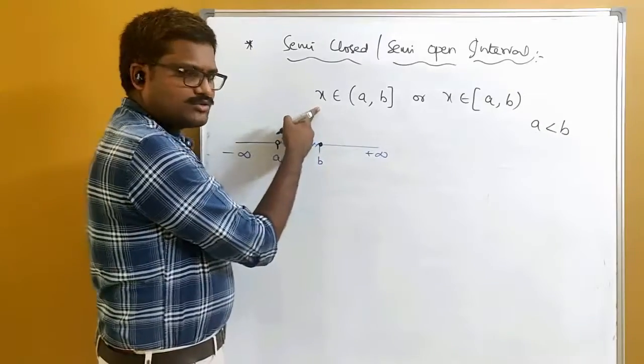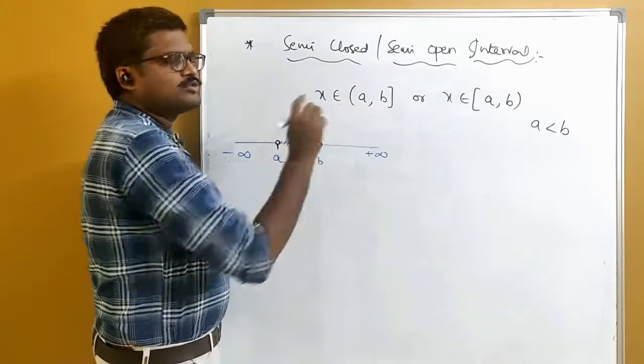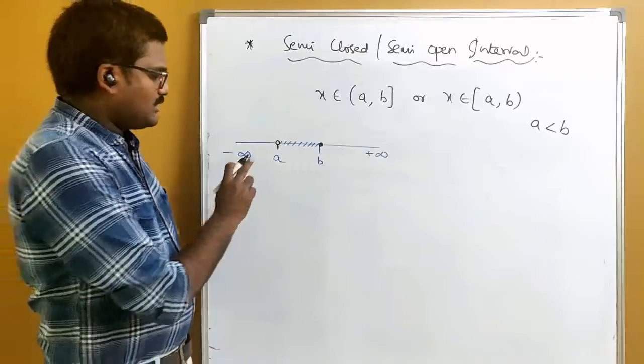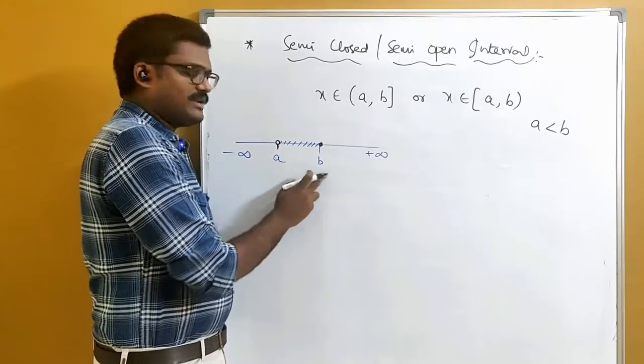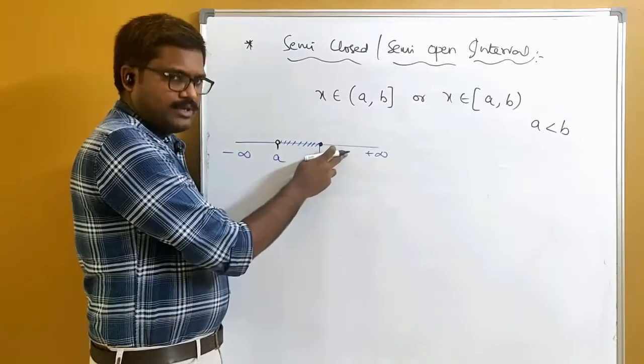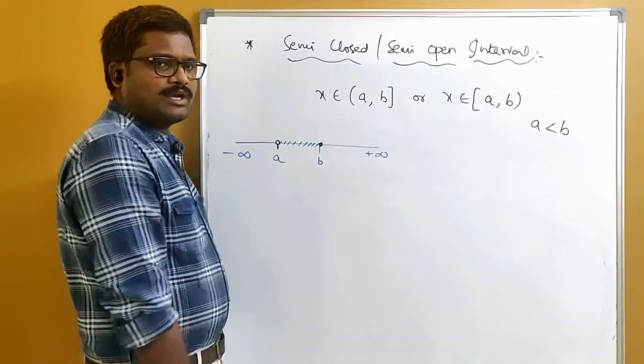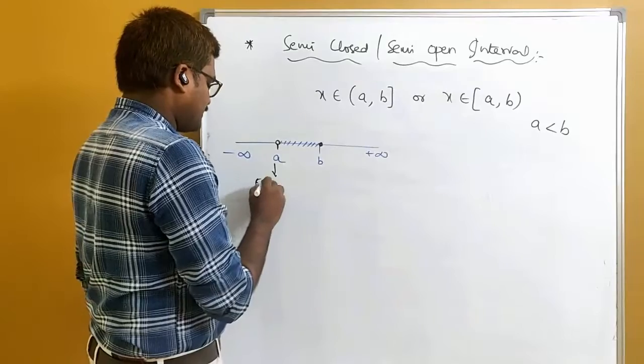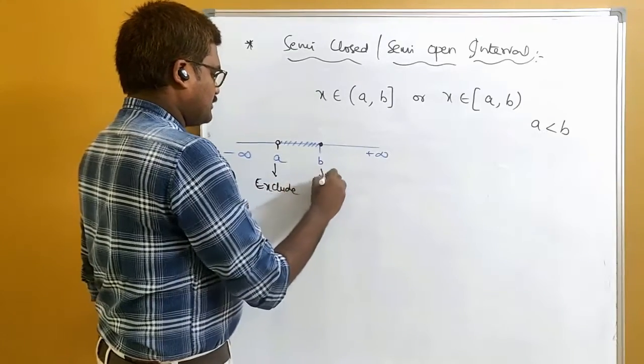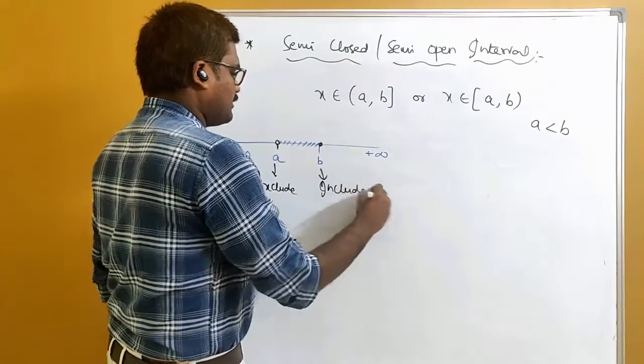So I hope you understood this one. X belongs to open A, closed B. So what is the meaning of this one? All the values of X between A and B, including B, but not including A. So excluding A, including B. Understood?